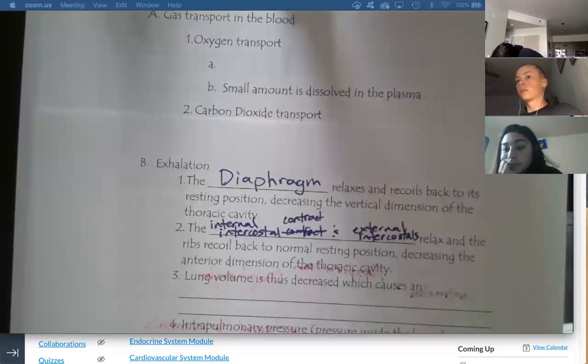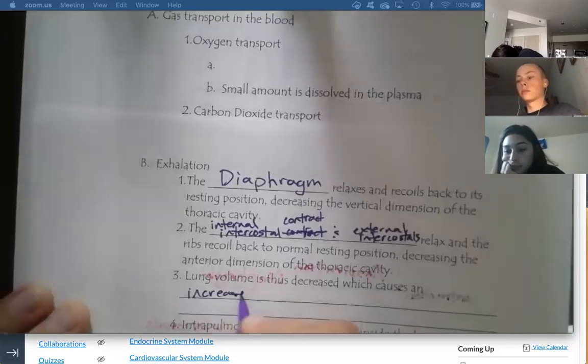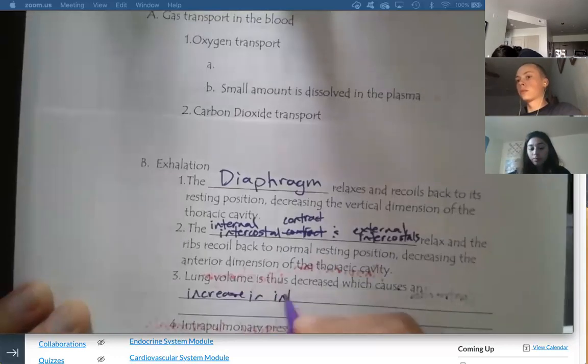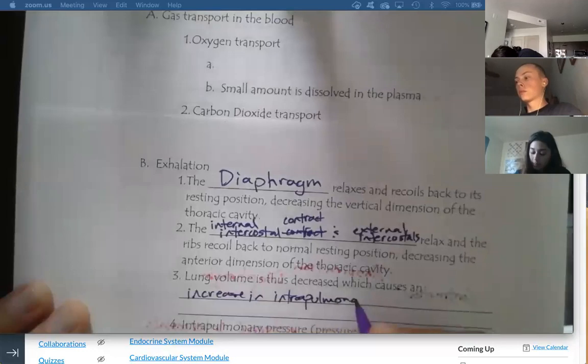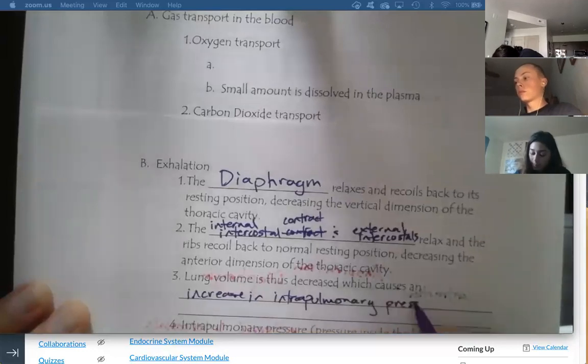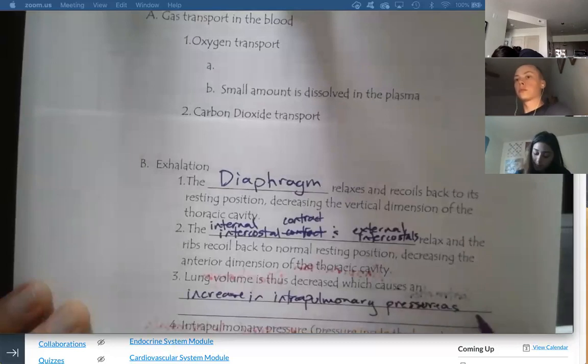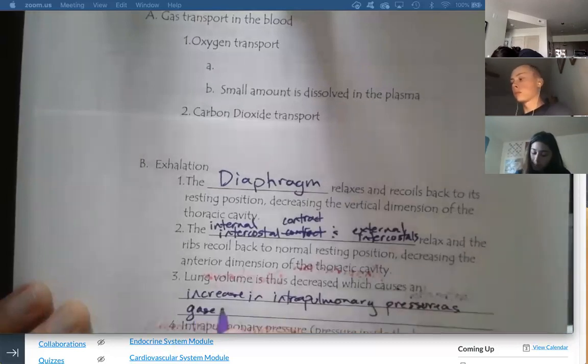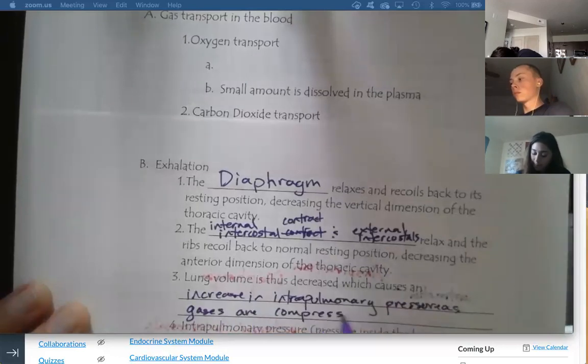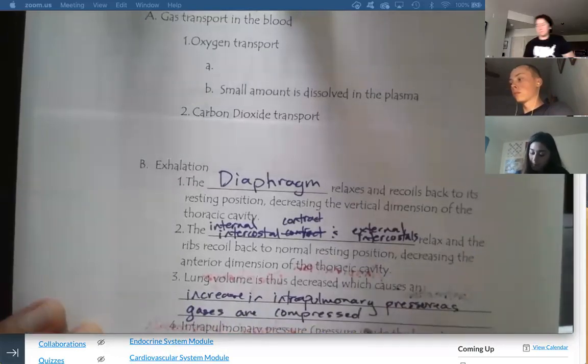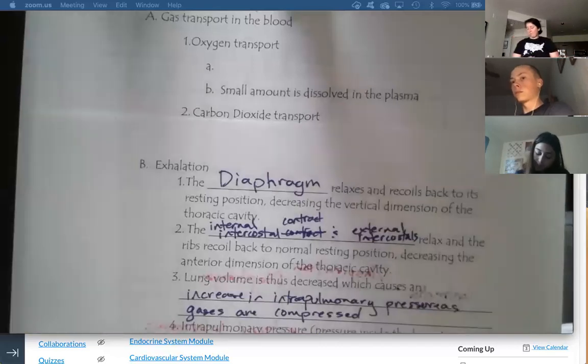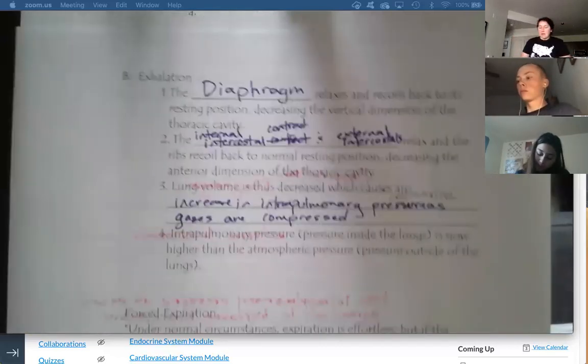So we're going to have an increase in intrapulmonary pressure as the gases are compressed into a smaller volume. Now we have the opposite.